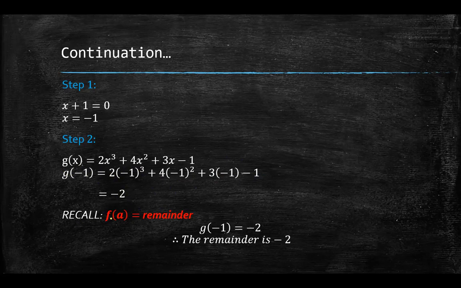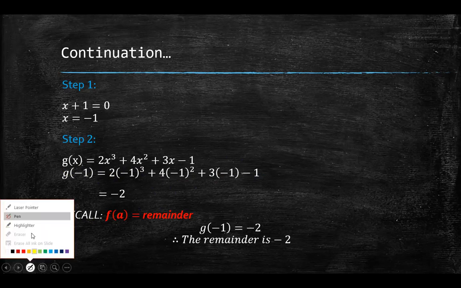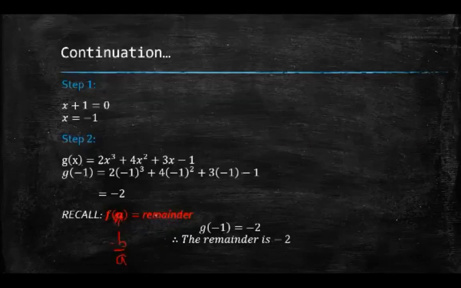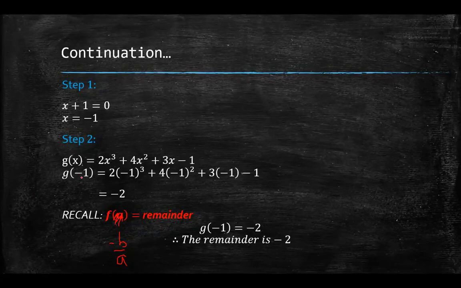So I have here, recall, okay, I'll change that. That was from the rule from before. So this is supposed to be b on, well, in this case, it's minus b on a. So f of minus b on a gives me the remainder. We found out that, well, in this case, it's g, right? G of minus b on a was g of minus 1.